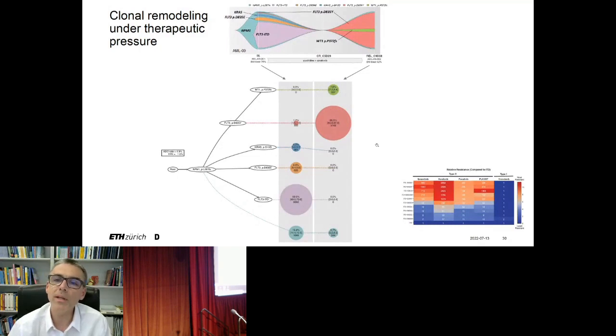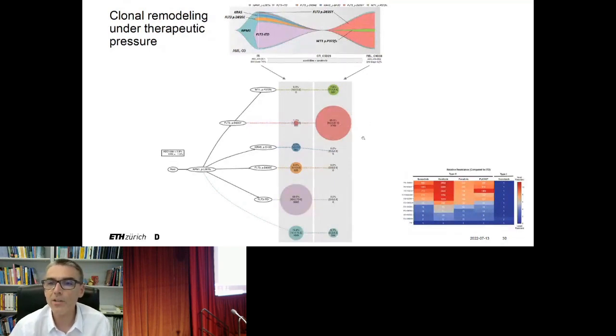And as you see immediately, there's in particular this clone here that appears to have driven the relapse of the tumor. It was in fact already present at low frequency, 1.7%, 122 cells at baseline, but then became dominant at relapse.